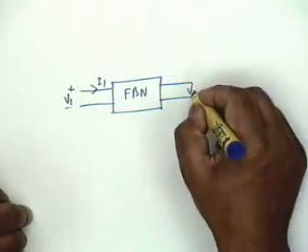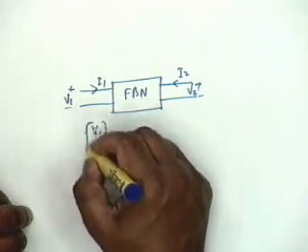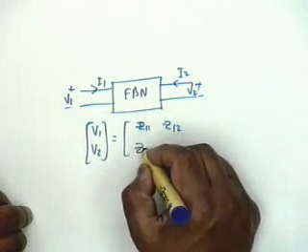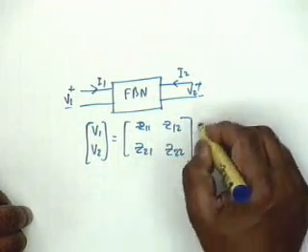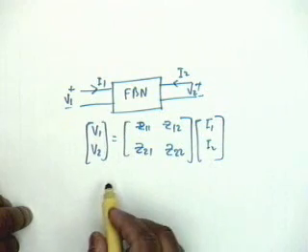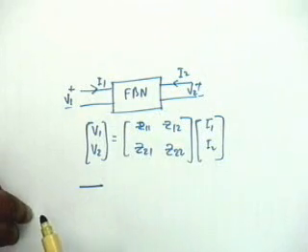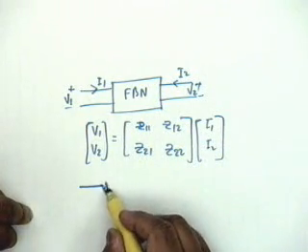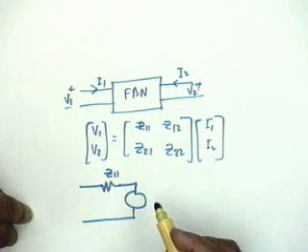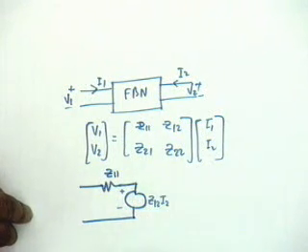If I have V1, I1, V2, I2, then the Z parameters are V1, V2 equal to Z11, Z12, Z21, Z22 multiplied by I1, I2. And the equivalent circuit is, if you write this equation, V1 equal to I1 Z11 plus I2 Z12, you have Z11, then a voltage source with a value of Z12 I2.